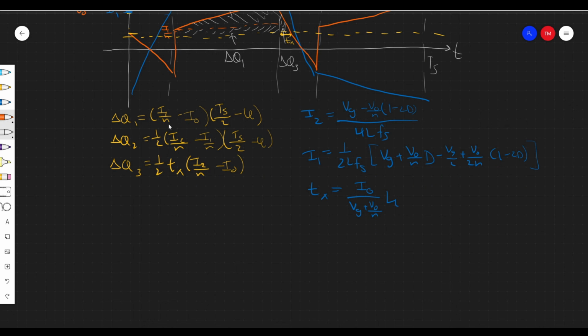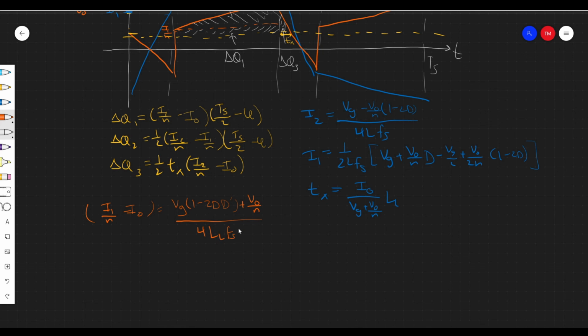Let's keep going. So first, I want to determine I1 over N minus Iout, sorry. This term is going to be equal to Vg times 1 minus 2d prime plus Vout over N. And I highly suggest that you derive these yourself. It's a good exercise.